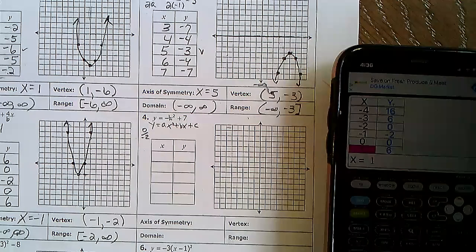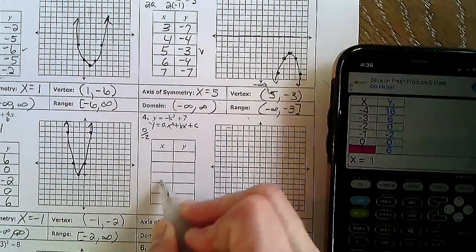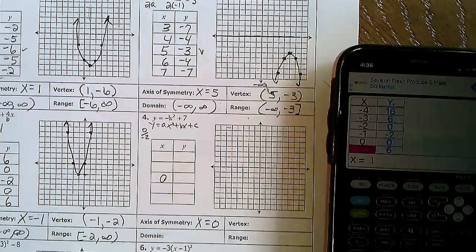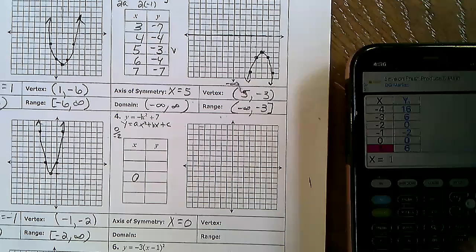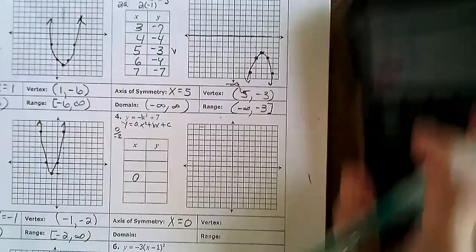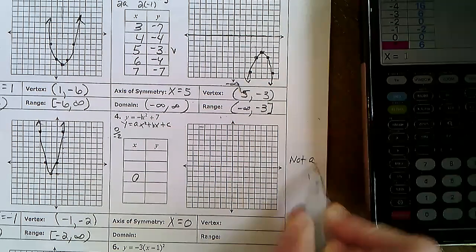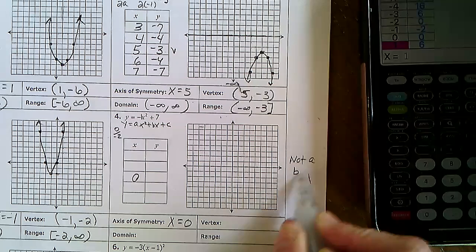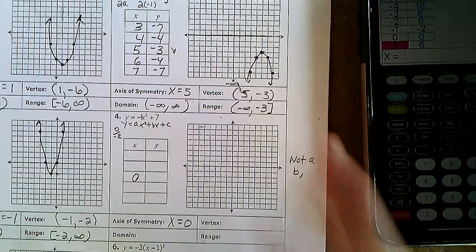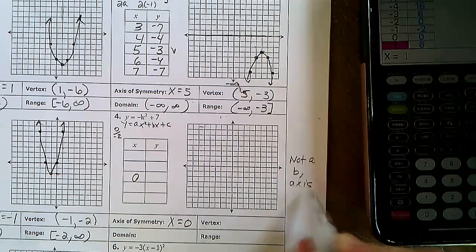Well, 0 over anything is 0. So your axis of symmetry is 0. If you do not have a b term, your axis of symmetry is going to be 0.